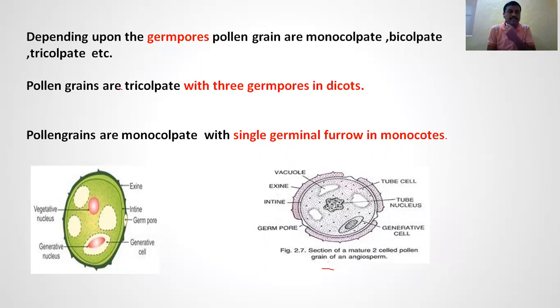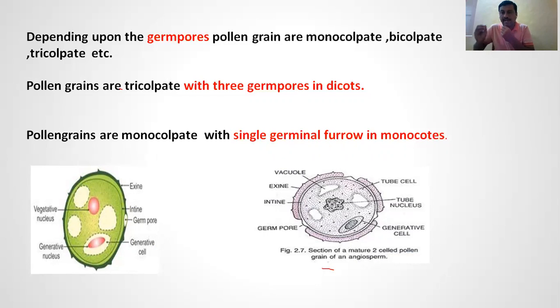Pollen grains are tricolpate with 3 germ pores in most dicot plants. Pollen grains are monocolpate with a single germinal furrow in monocots. Only one germ pore is present in monocot plants.